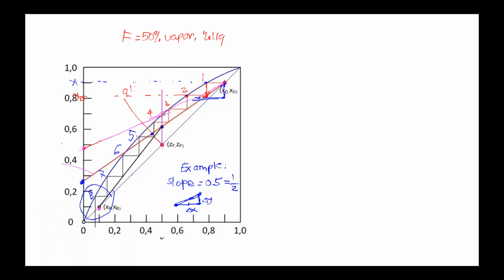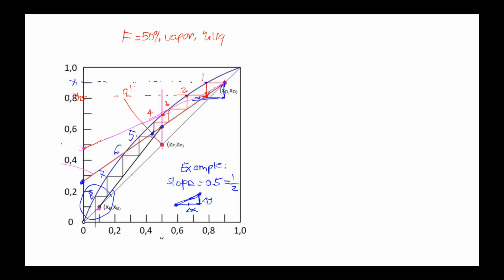And because of that, it's going to have a shifting with the XB. So that means there would be 1, 2, 3, 4.